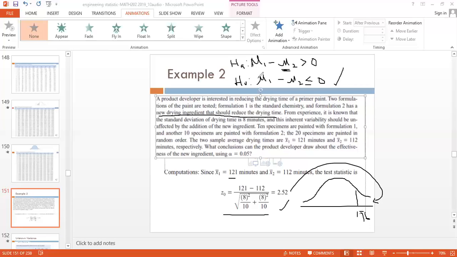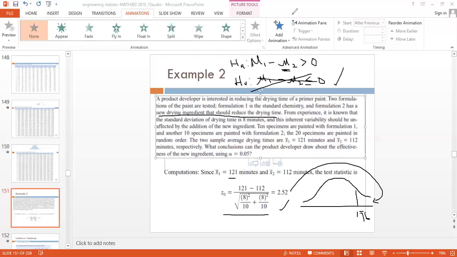Which simply means that the difference between the first formula and the second formula is significant, greater than 0. There is a big difference between the two formulas, and indeed the second formula is effective at reducing the drying time of the paint.